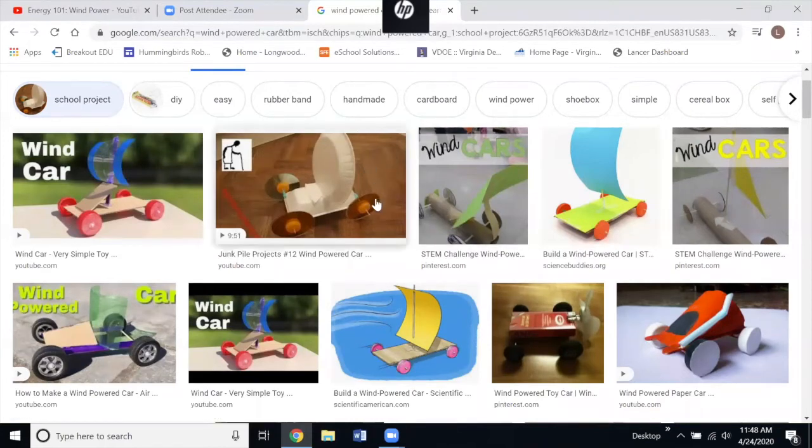Now let's talk about the sail. So what you are trying to investigate with this lesson is what properties of a sail affect how well it catches the wind. So you need to try several different types of materials for your sail. I would suggest starting with a piece of paper. I use computer paper, but you can use notebook paper.